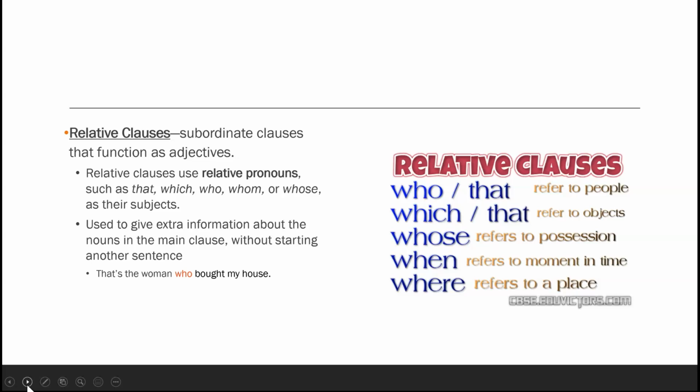So, that's the woman who bought my house. You can have "that's the woman," which is an independent clause. Who, having the relative clause here, just gives us more detail. So who bought my house? It just gives us more detail about that woman.